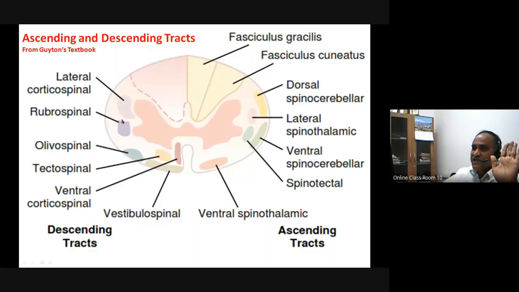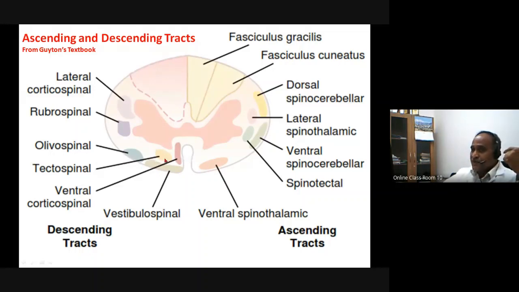This is the lateral corticospinal tract, and somewhere here is the rubrospinal tract, coming from the red nucleus. Then the olivospinal tract, from the olivary nucleus, was not there.